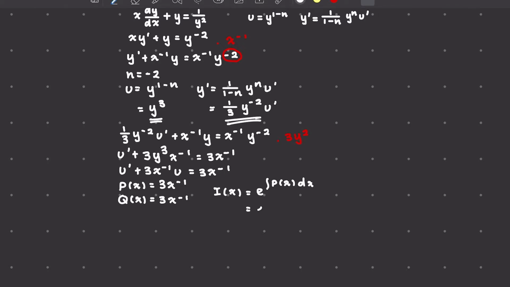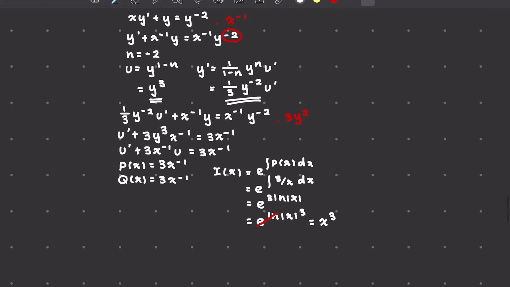So e to the integration of 3 over x dx is just e to the 3 ln x. We can write it as e to the ln x to the third, and cross out the e and ln, and this will end up as x to the third.